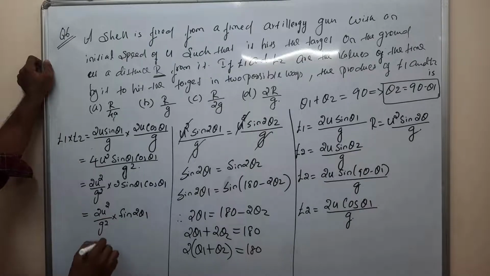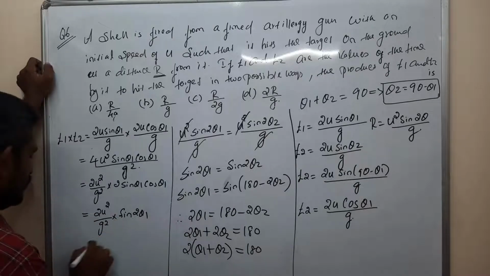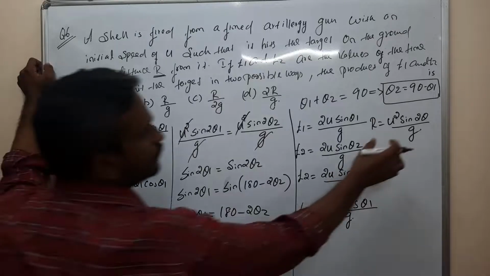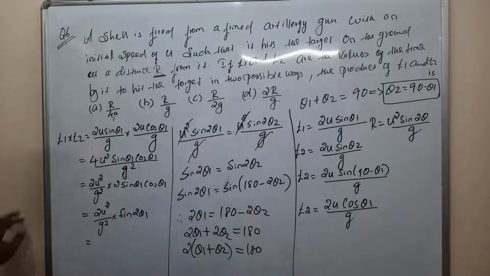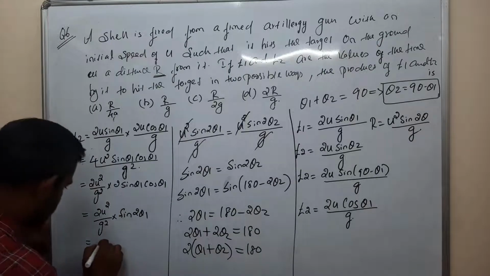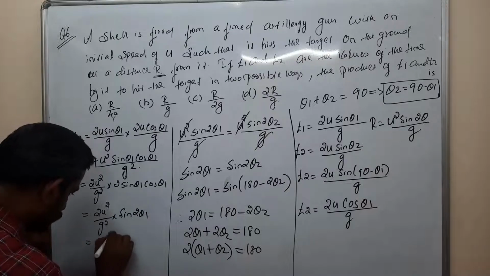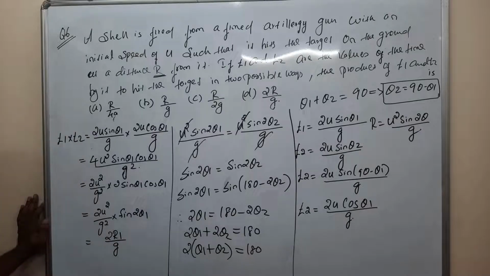So R1 is equal to u square sin 2 theta 1 divided by g, and the product of times is 2 R1 divided by g.